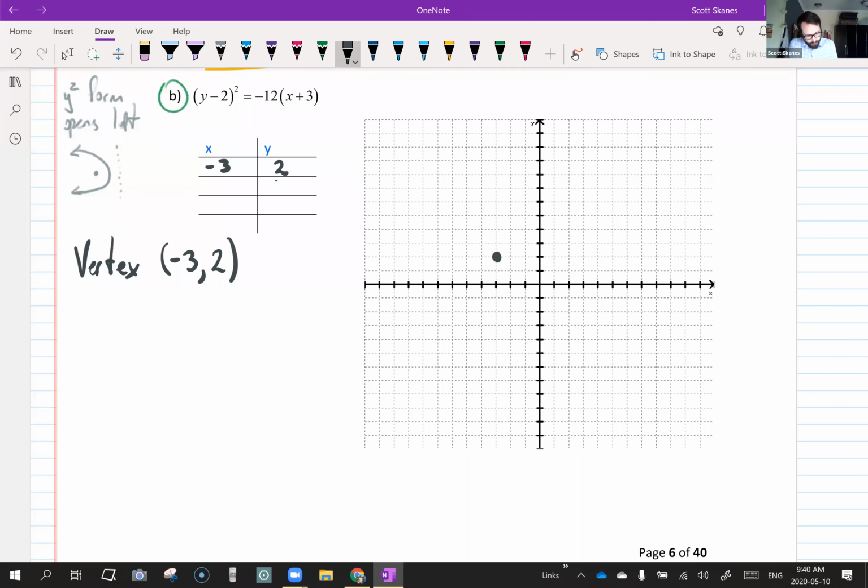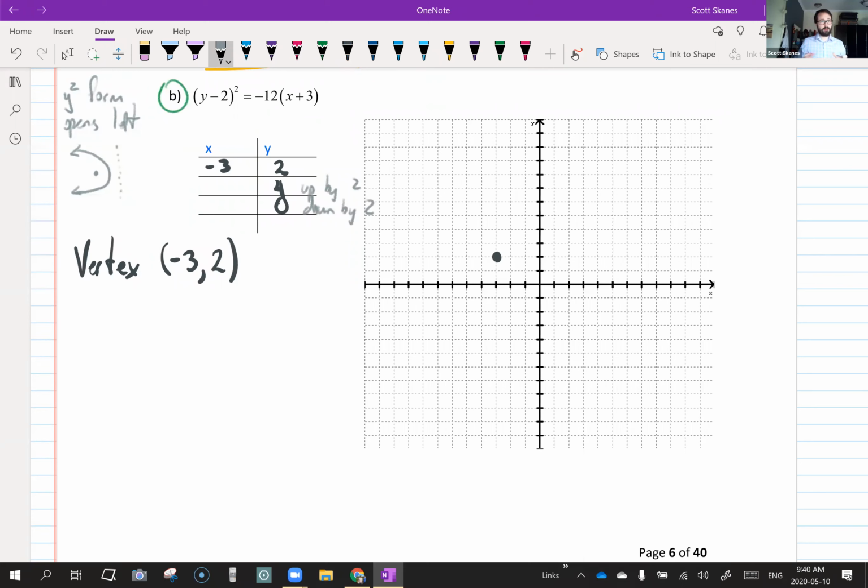Okay, I'll get 4. That means I'm going to be checking what's the x value over there? And because this is symmetrical, I went up by 2 from this, so I'm going to check the 4 here. I'm going to go down by 2, so I should actually check the 0 as well. It's just up by 2, down by 2.